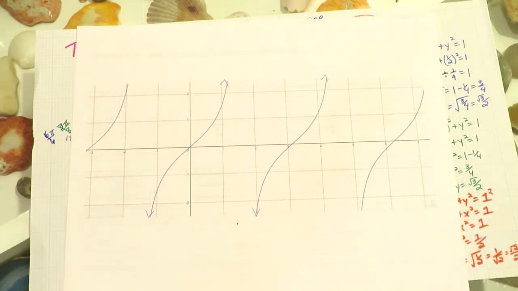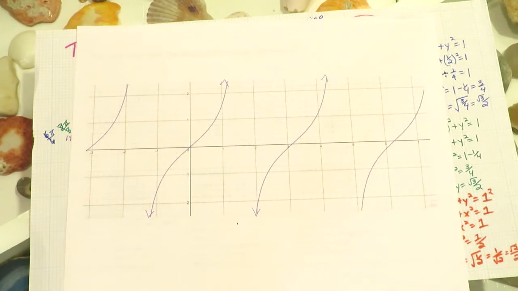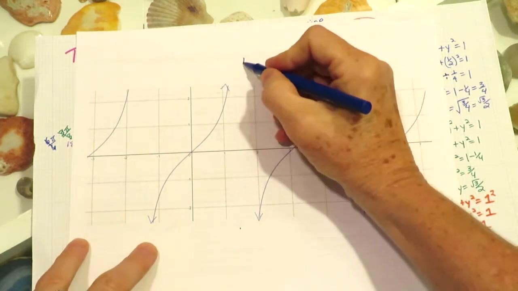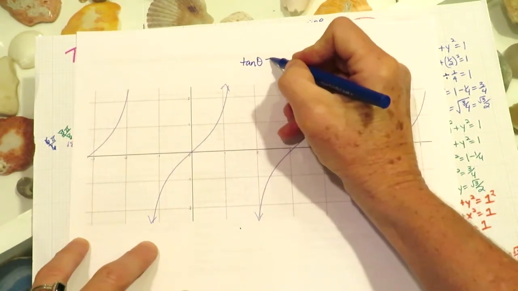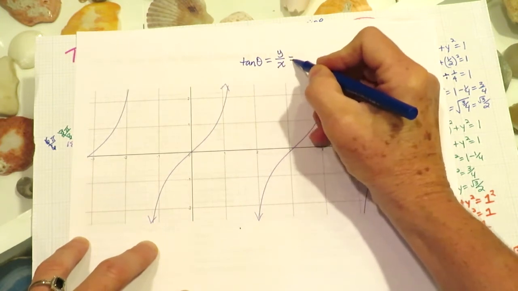But notice these cycles are cut off by vertical asymptotes, and those vertical asymptotes occur where we would be dividing by 0. So tangent is equal to the y coordinate divided by the x coordinate.